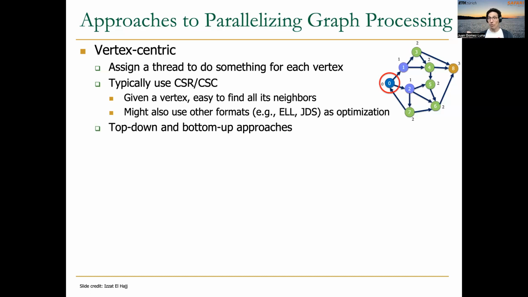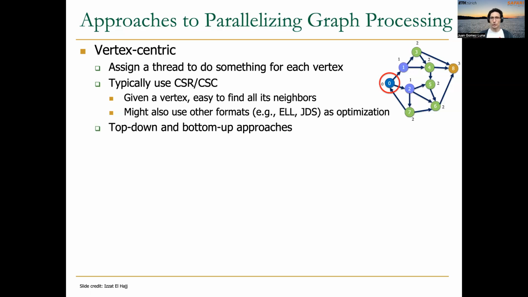For the bottom-up approach, the approach is different. In this case, we also have one thread per node, but in each iteration, the thread is going to see if, for its own node or vertex, any of the neighboring vertices has been visited in the previous iteration. If that's the case, this one is marked as belonging to the current iteration.